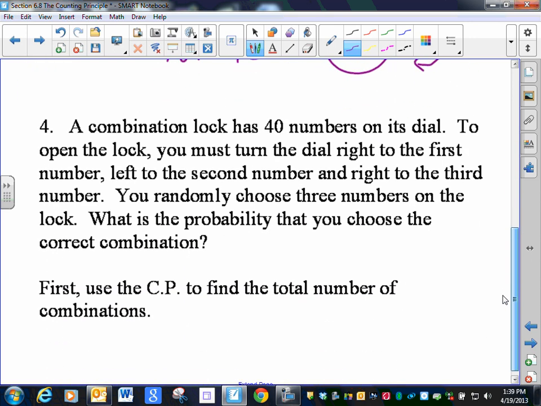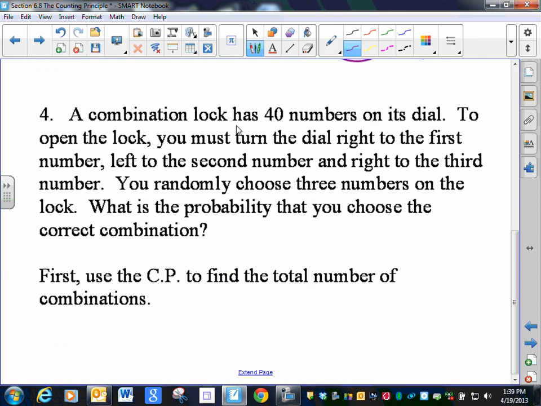All right, let's look at another one. A combination lock, like you have maybe on your school locker, has 40 numbers on its dial. To open the lock, you go to the right to the first number, left to the second number, and right to the third number. You randomly choose 3 numbers on the lock. What's the probability that you actually have chosen the combination? Well, first thing we need to do is figure out how many total combinations are possible. So you have 3 numbers on your dial.